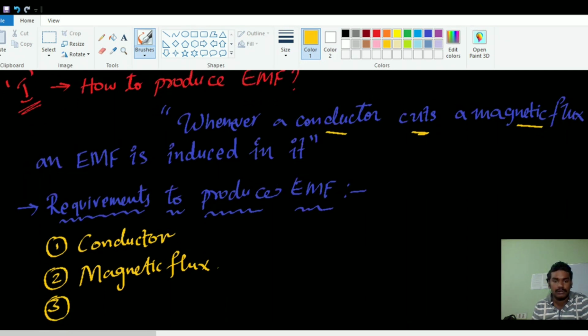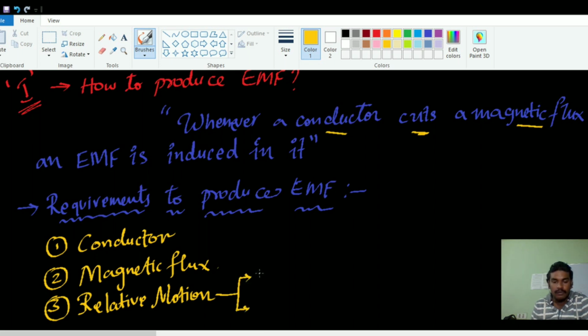To cut one object by another object, you have to move. There should be some relative motion between them. So relative motion is required. These are the three requirements to produce EMF as per Faraday: a conductor, a magnetic flux, and a relative motion. Now, to provide this cutting action, or relative motion, there are two ways to do this.